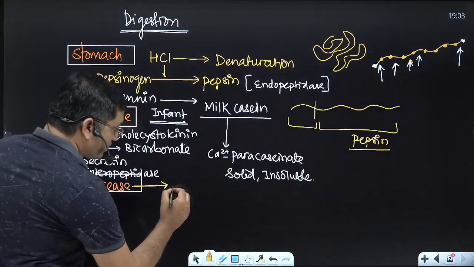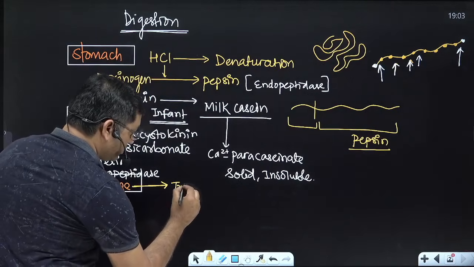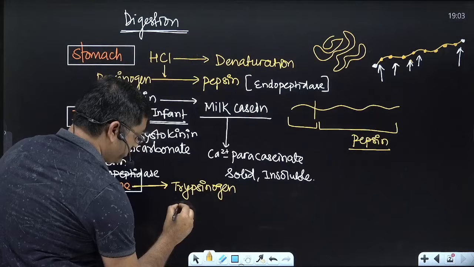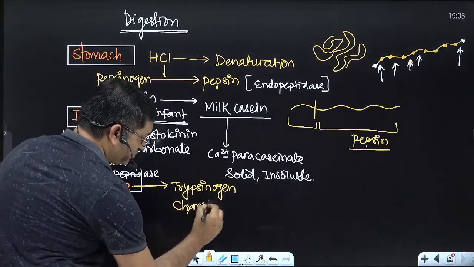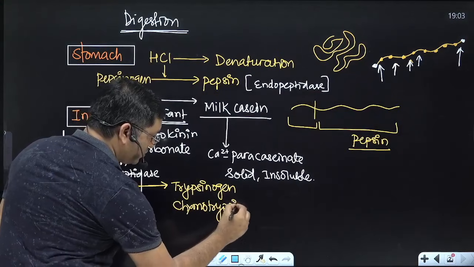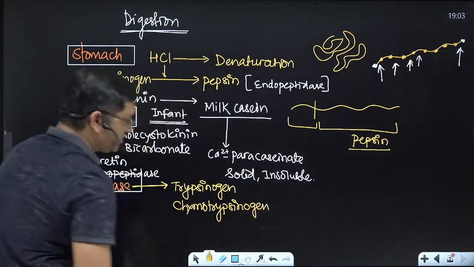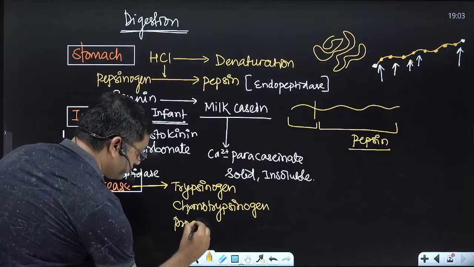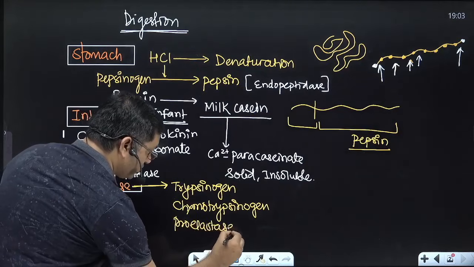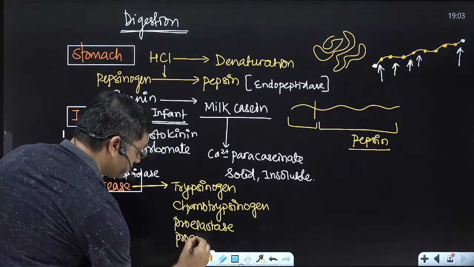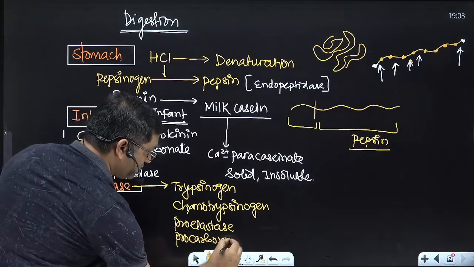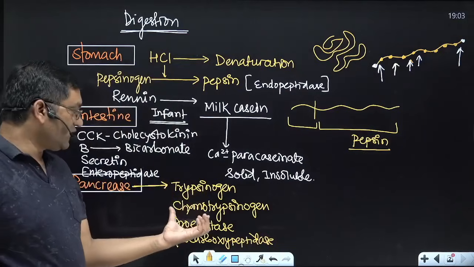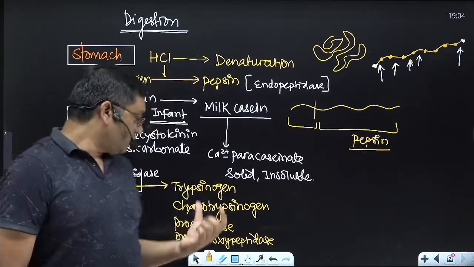So there are pancreatic peptidases. These are trypsinogen, chymotrypsinogen, proelastase, and procarboxypeptidase.